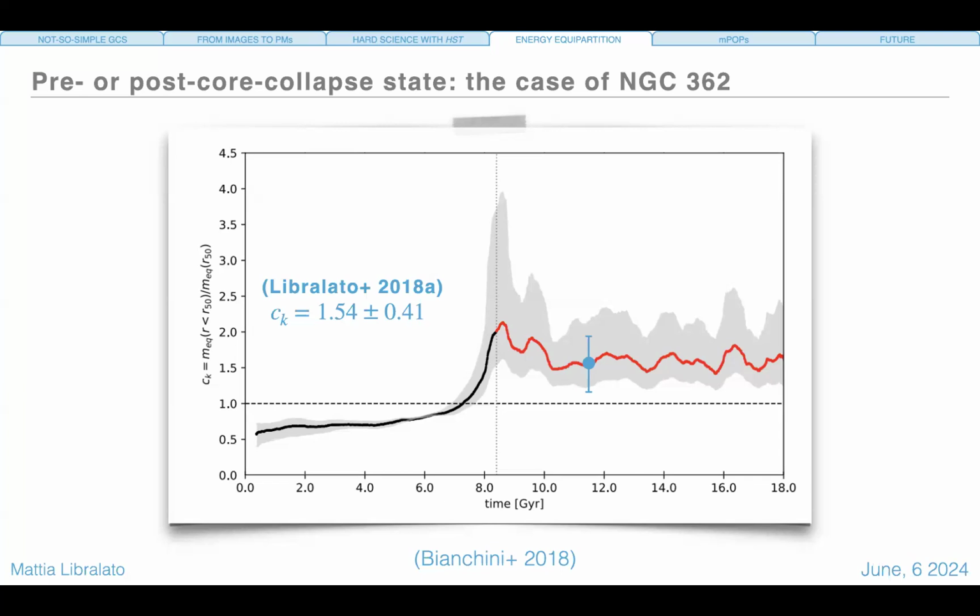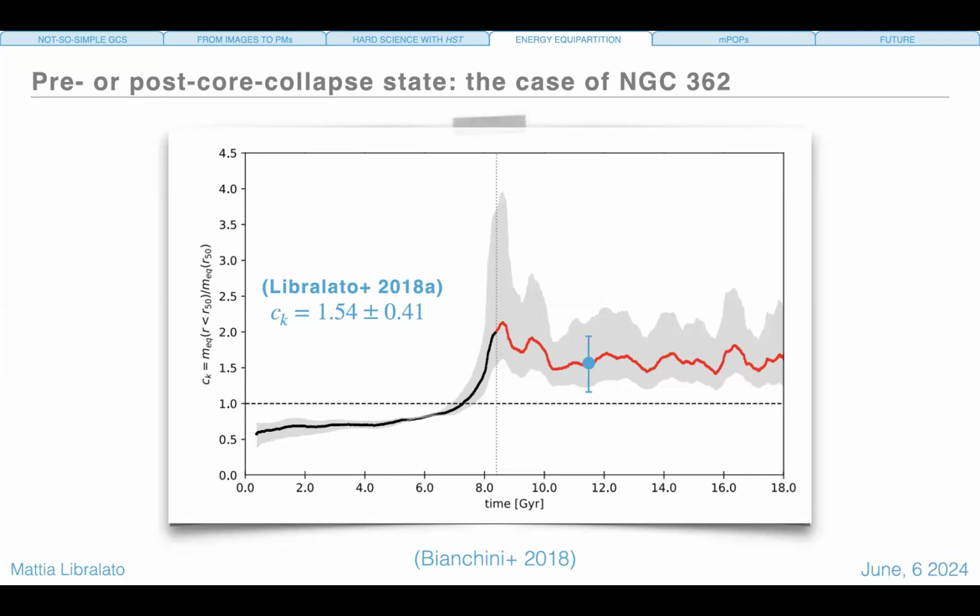So when you are very far from the collapse, the cluster both globally and locally behaves as it should. Stars exchange energy, the high mass stars slow down, the low mass stars speed up, and the energy partition increases. But when you are reaching the collapse, things change. Locally, stars exchange energy again, as we expect.